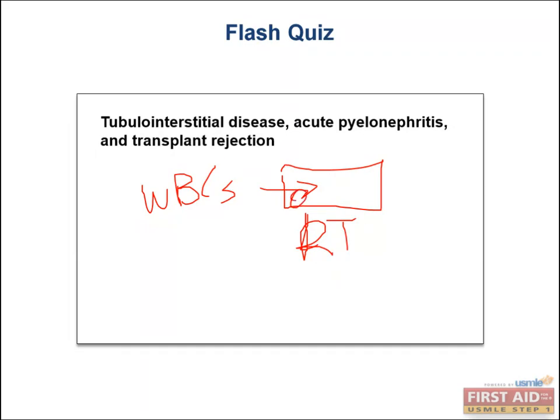And they've bunched up inside the tubules, and when they get pushed out by the urine, they'll come out as a white blood cell cast in the urine. It may have been through glomerular damage or it may have been through tubular damage, but somehow the white blood cells were able to get into the lumen of the tubules and form a white blood cell cast.